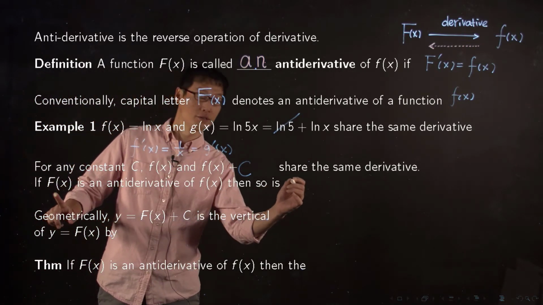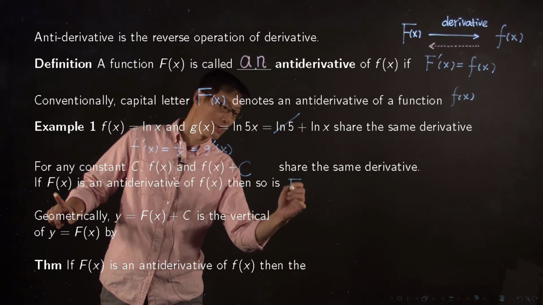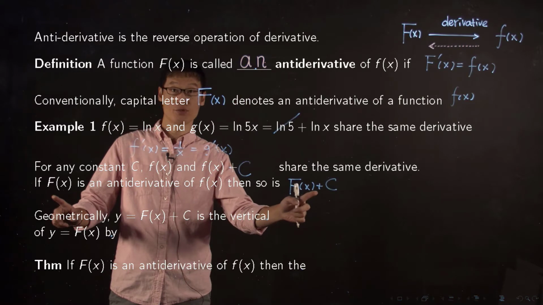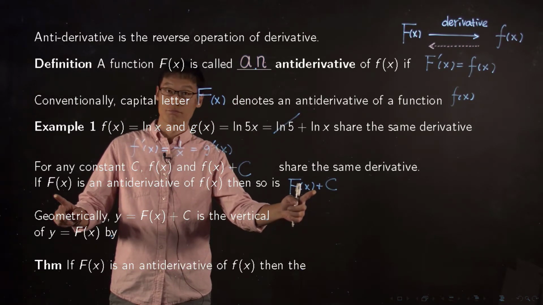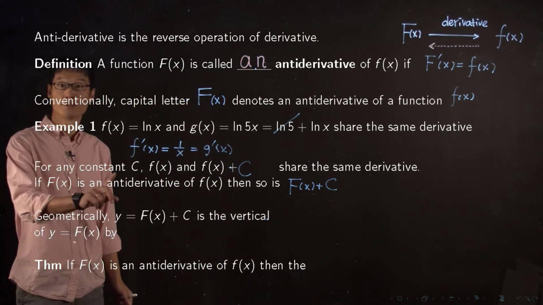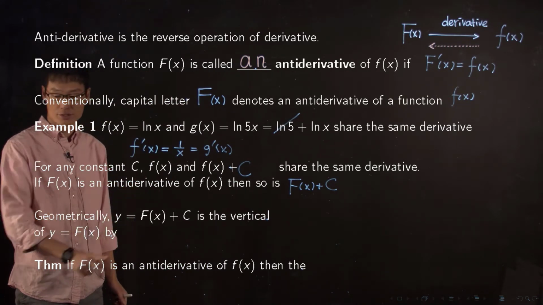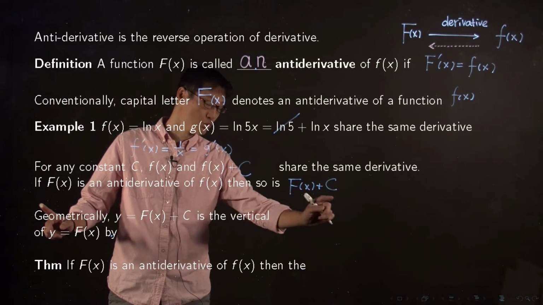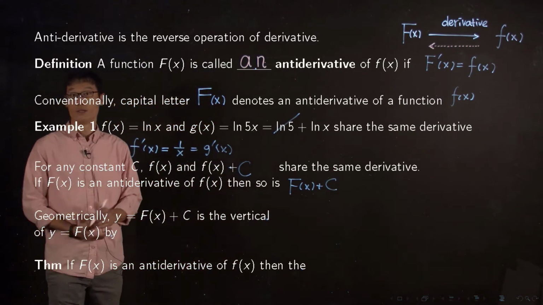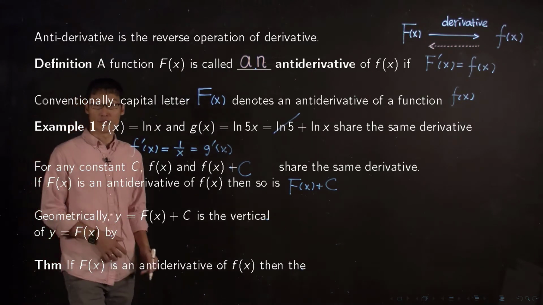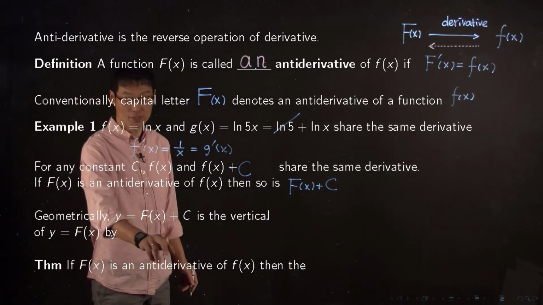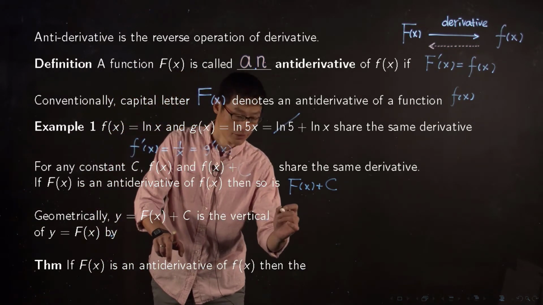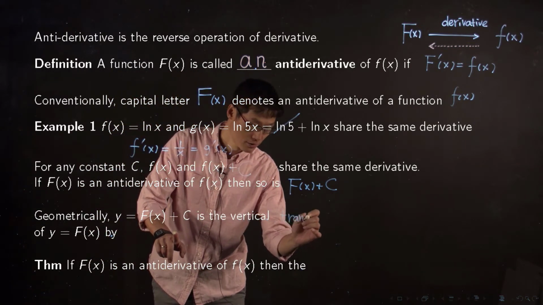So is capital F plus c, because derivative of two functions is simply small f. So in that sense, any constant c will give you yet another antiderivative. Geometrically, f plus scalar is the vertical translation.